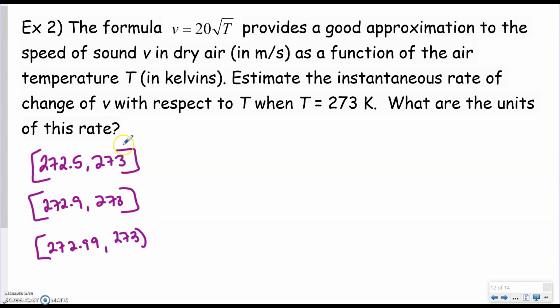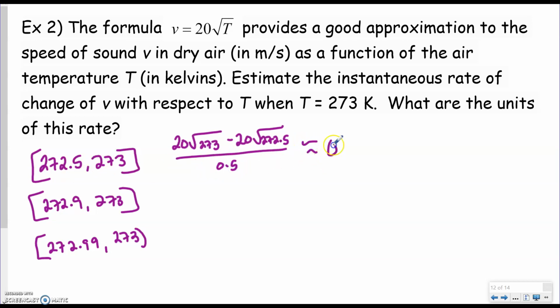So if I do 20 times the square root of 273 minus 20 times the square root of 272.5 divided by 0.5, because that's our interval, I get something that is close to 0.6055. Okay. Do the same thing, plug the rest of the values in, I get something that's close to 0.6053.